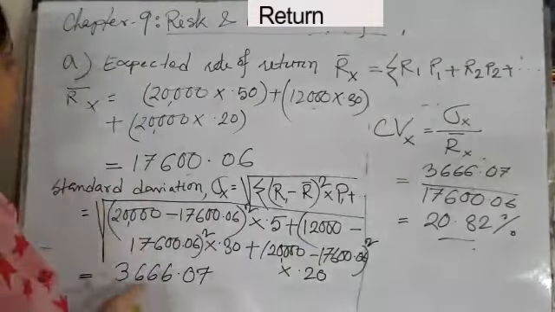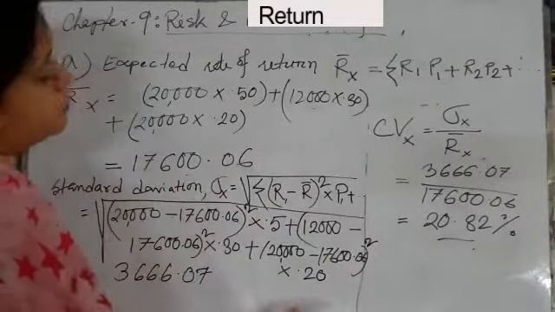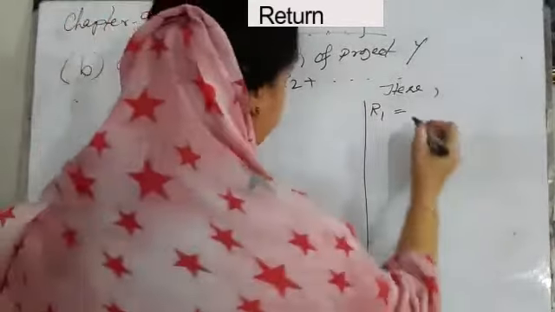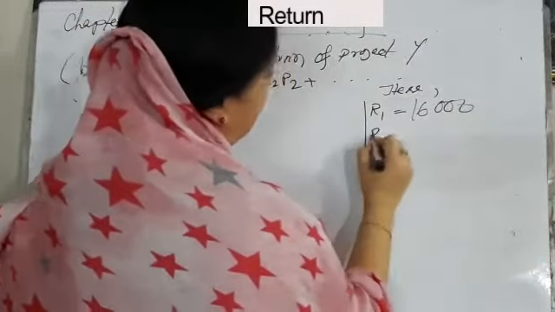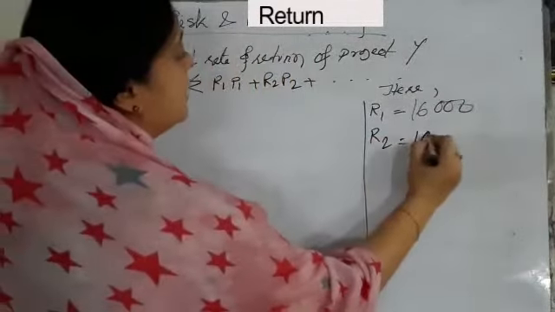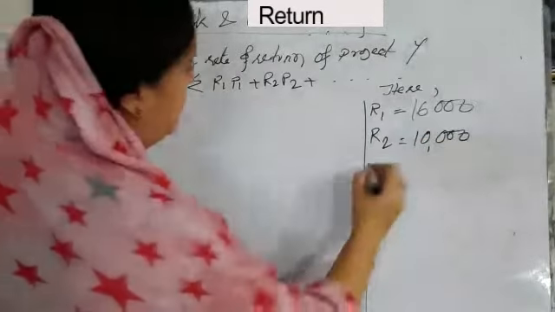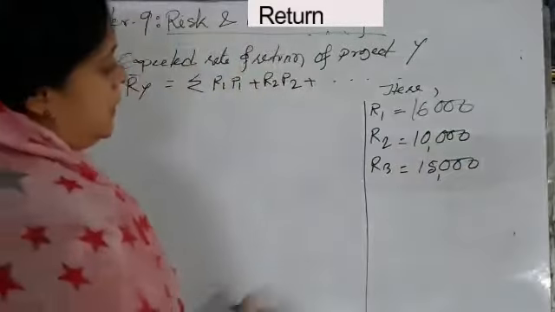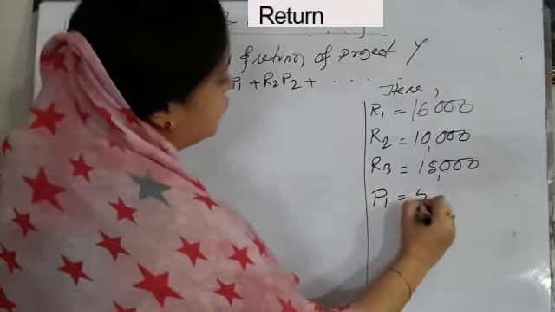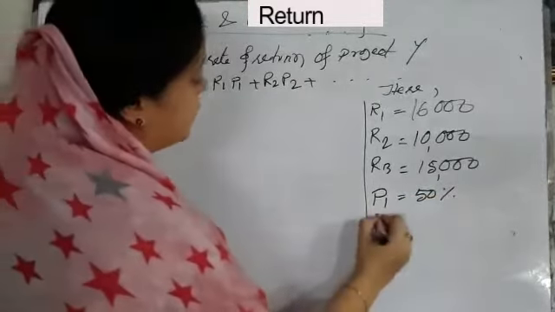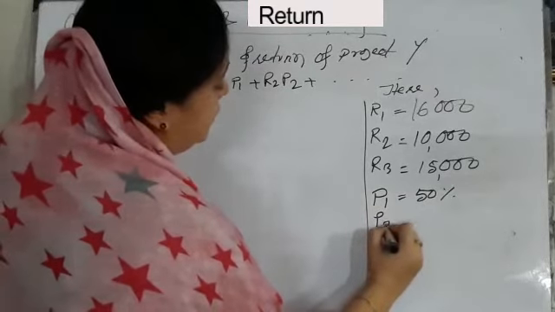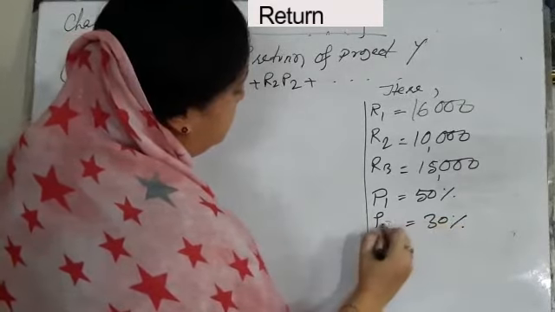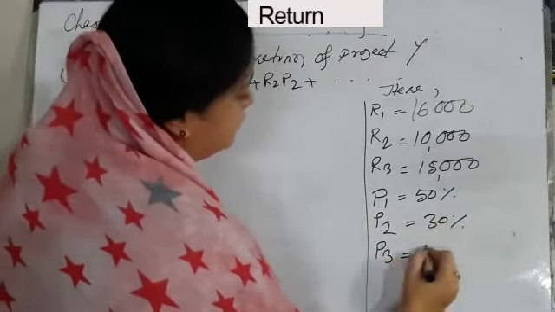Second, we have to find out the second project, project Y, and the values are R1 16,000, R2 10,000, and R3 15,000, and same the probabilities R1 equals to 50%, same project X and Y, P2 30%, and P3 20%.